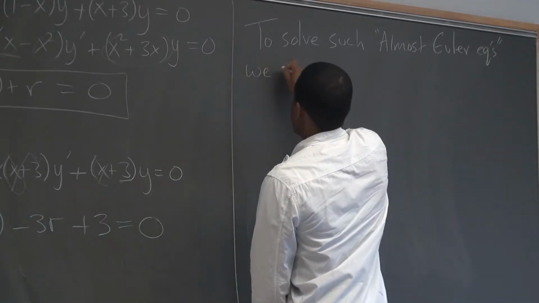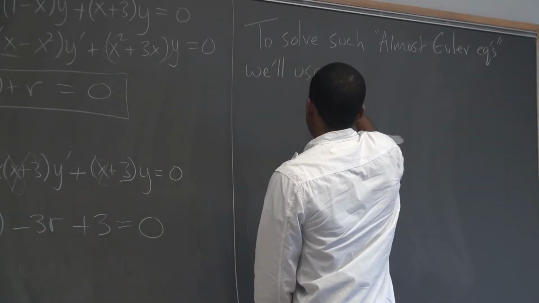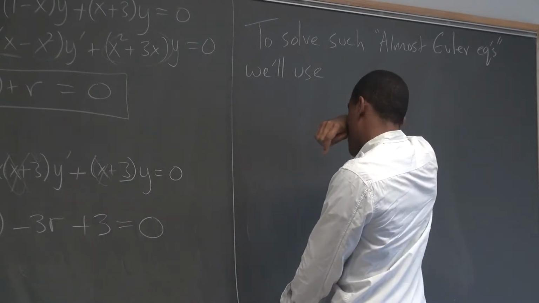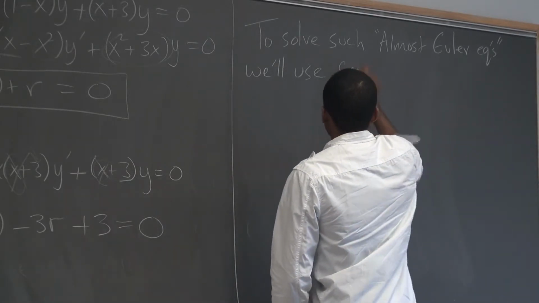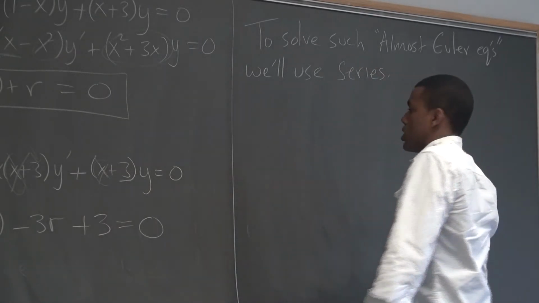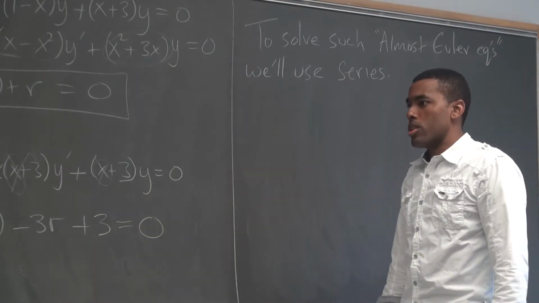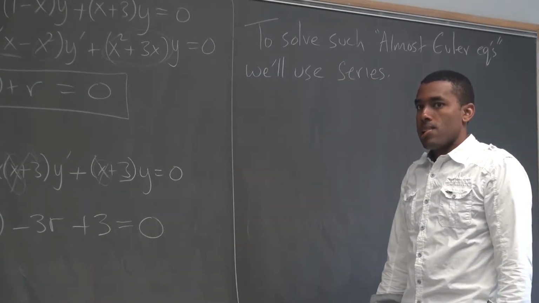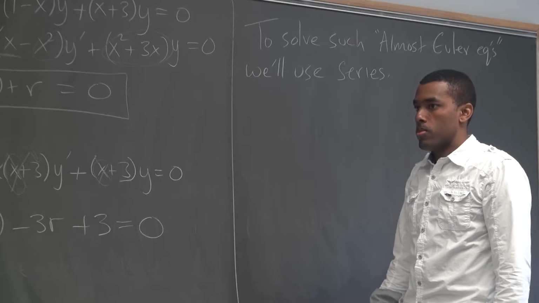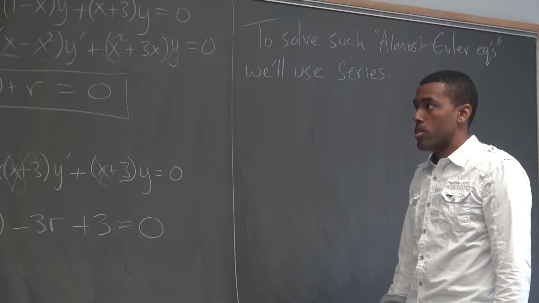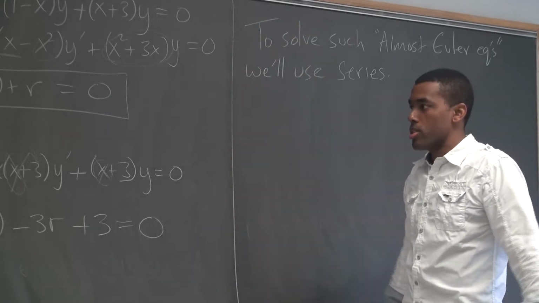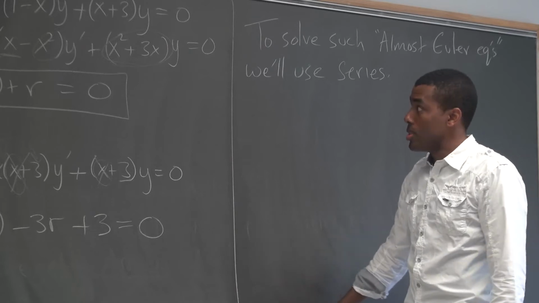To solve these guys, we'll use series because the old method of solving Euler equations doesn't work on such equations. What was the old method of solving Euler equations? How do we solve it? If everything fit the form nicely, it looks like a quadratic and all that, what did we do?